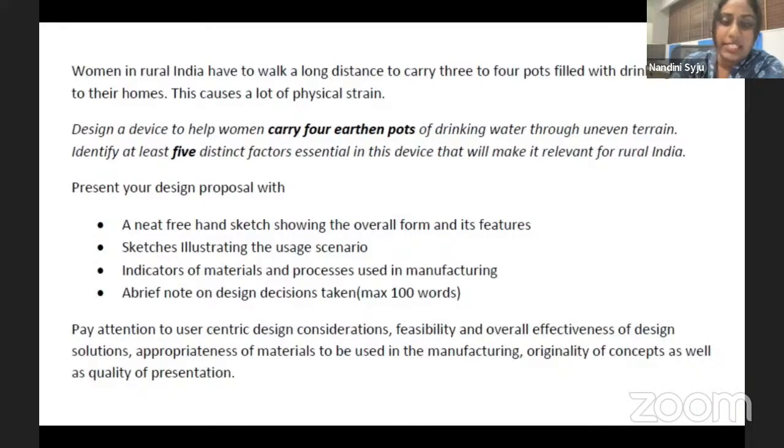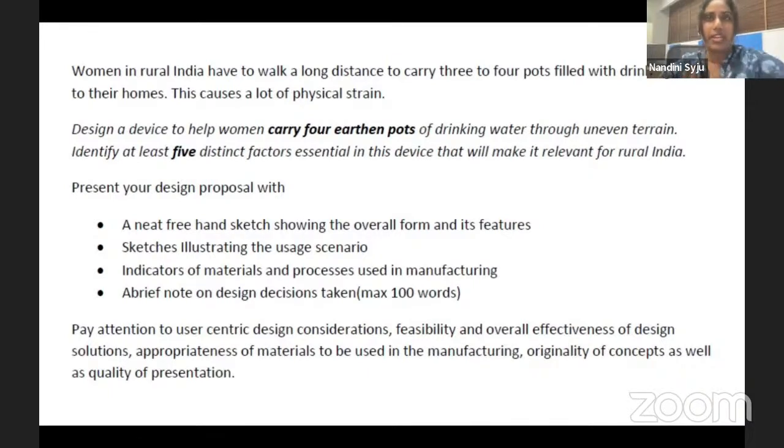you'll have to end this question by writing a brief note on the design decisions. Right over here it's a maximum of 100 words, but please remember that even if it's a maximum of 100 words, even if you write 50 words, throw in as much sensible jargon as you know, right?